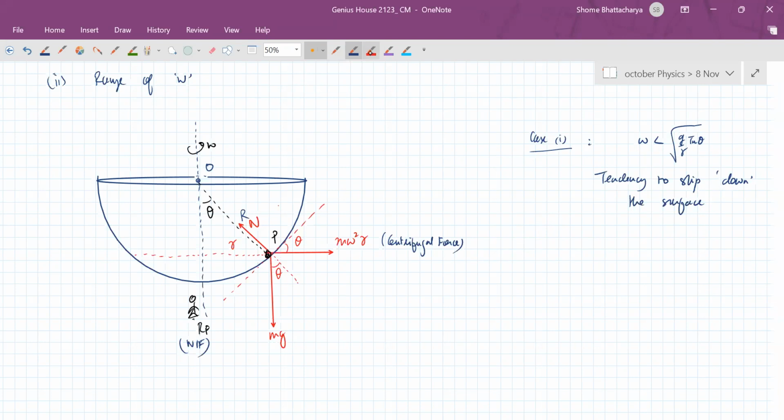Because there's a tendency now to slip down the surface, friction will act like this. So we have the equilibrium condition that mg sine theta is balanced by static friction plus the other component, so the required static friction becomes this much.